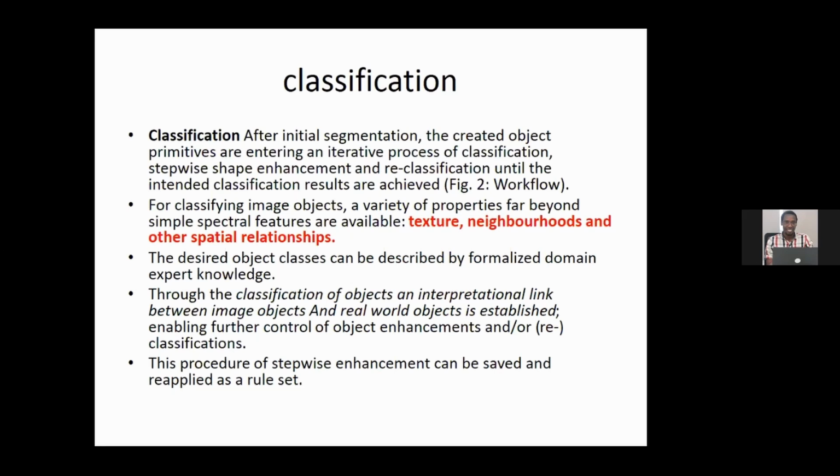Imagine they just give you an image of a certain area, and you've never been there and know nothing about it. The best you can do when they tell you these are the training sites is just classify it using the sample-based approach. And the quality of the classification you create will always depend on your expertise as an expert.